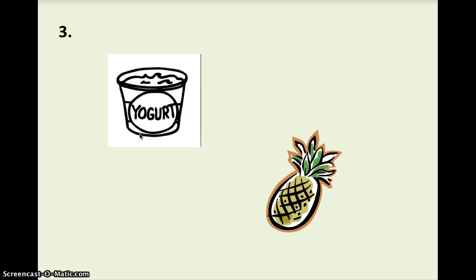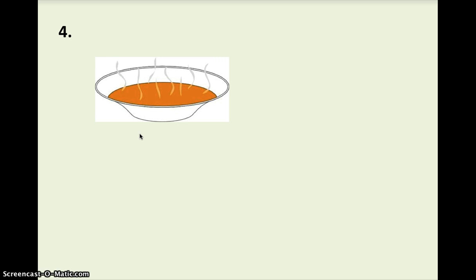For number 3, we have yogurt and we have pineapple. So how would you say pineapple yogurt? To say pineapple yogurt, you say el yogur de piña, or pineapple yogurt. Numero 4, we have soup and we have potatoes. So how would you say potato soup?